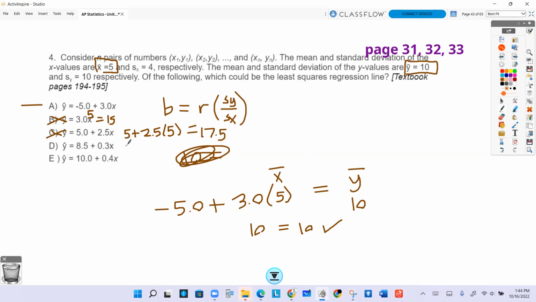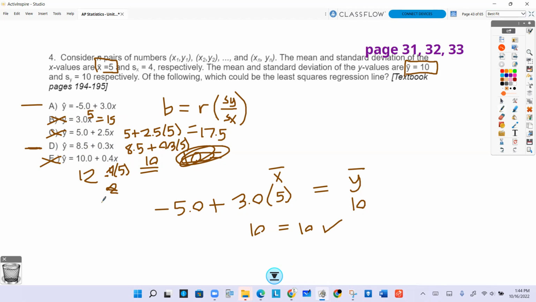If I plug in 5 here, 5 times 3 is 15, that's going to give me 10. All right, so that's a possibility. And if I plug in 5 here, 5 times 0.4 is 2, and 10 plus 2 is going to be 12. So now I've narrowed it down to 2 possible choices, right? I got negative 5.0 plus 3.0x and 8.5 plus 0.3x.